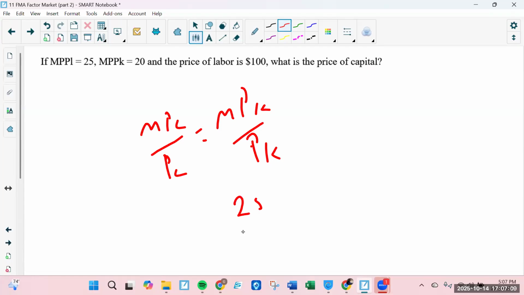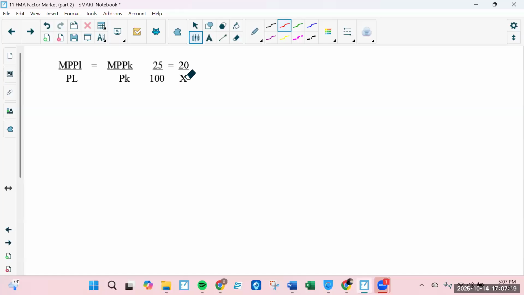So it's 25 over 100 should equal 20 over X. And you solve for X, and X will give you the price of capital. And when you do that, you find out that X is equal to 80.